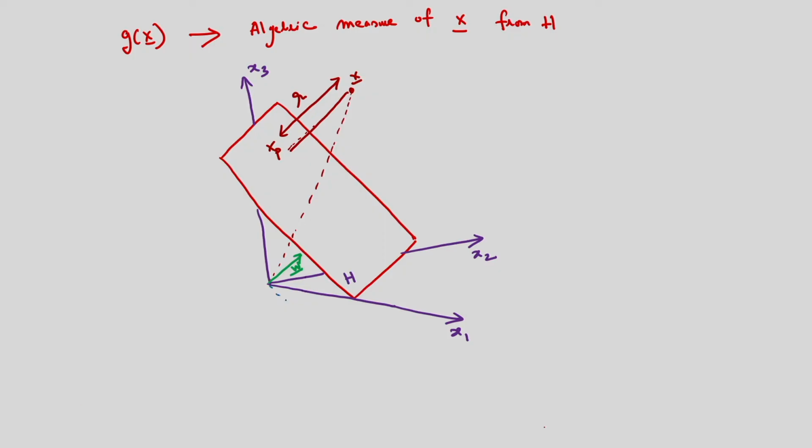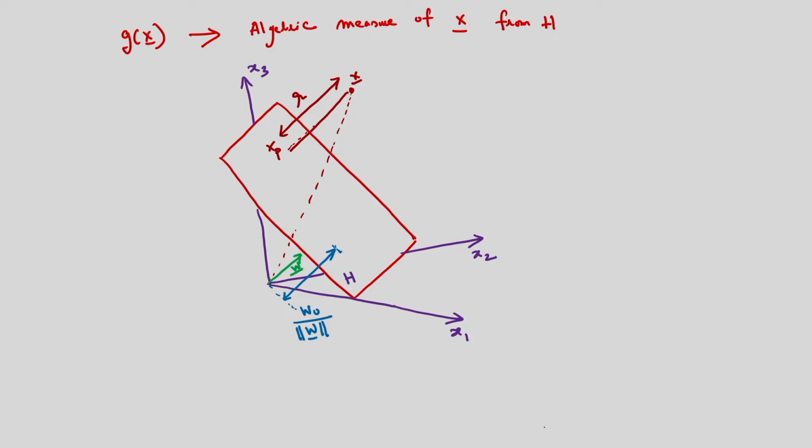So suppose this is the distance of the hyperplane from the origin. We can determine it as W naught divided by W norm. So that is the distance from the origin to the hyperplane.